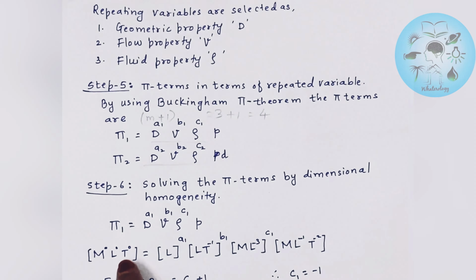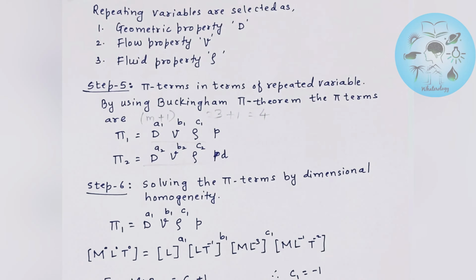First I will take pi 1, that is D, v, rho to the power a1, b1, c1 into P. Since whatever problem we are solving right now is part of dimensional analysis, it should be dimensionally homogeneous; only then can we apply the technique of dimensional analysis.